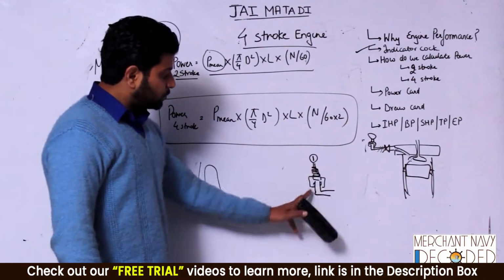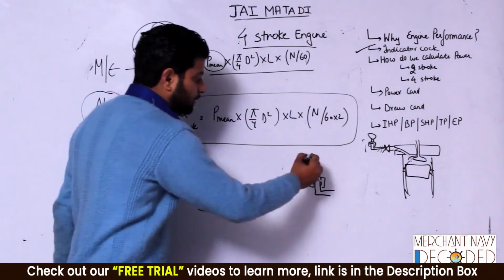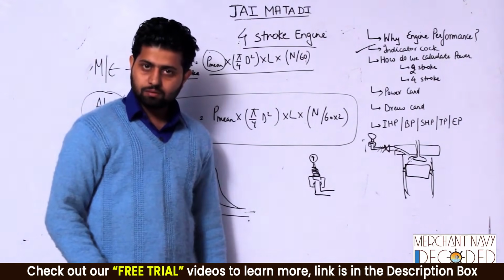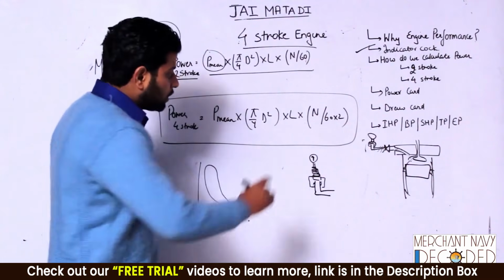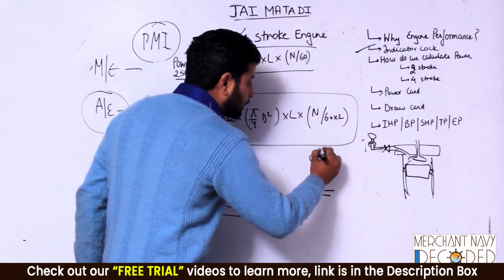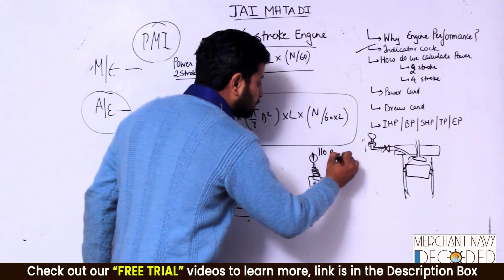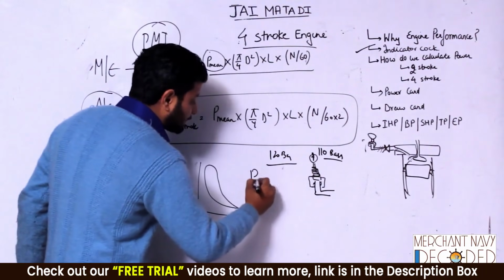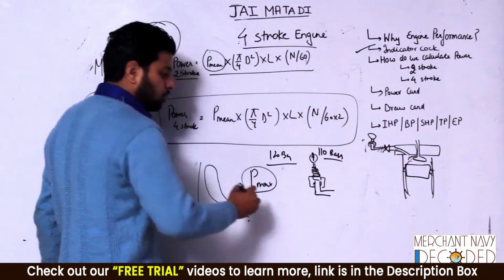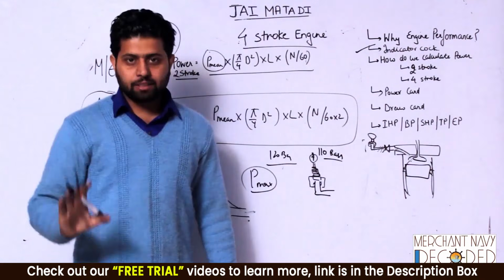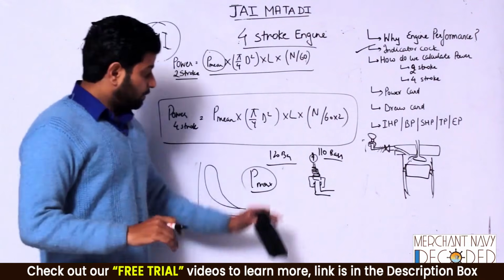So when this piston moves up and down, the pressure gauge reading will move up and down. So this pressure gauge reading will show us, okay, inside pressure is 110 bars, inside pressure is 120 bars, that is P max.